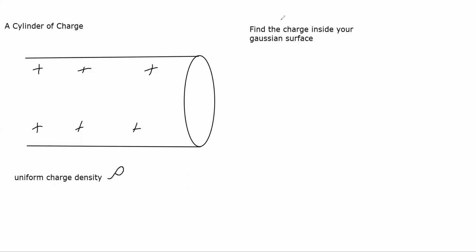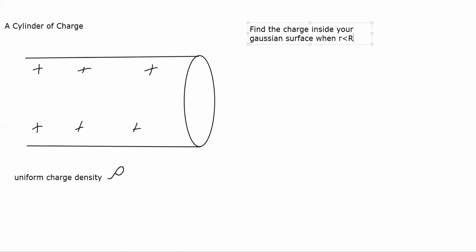So charge density is already given to us. If this is a problem with numbers, rho would represent some numerical density. It would be a number itself. So we're given charge density, and I want to find the charge inside a Gaussian surface when lowercase r is less than capital R.